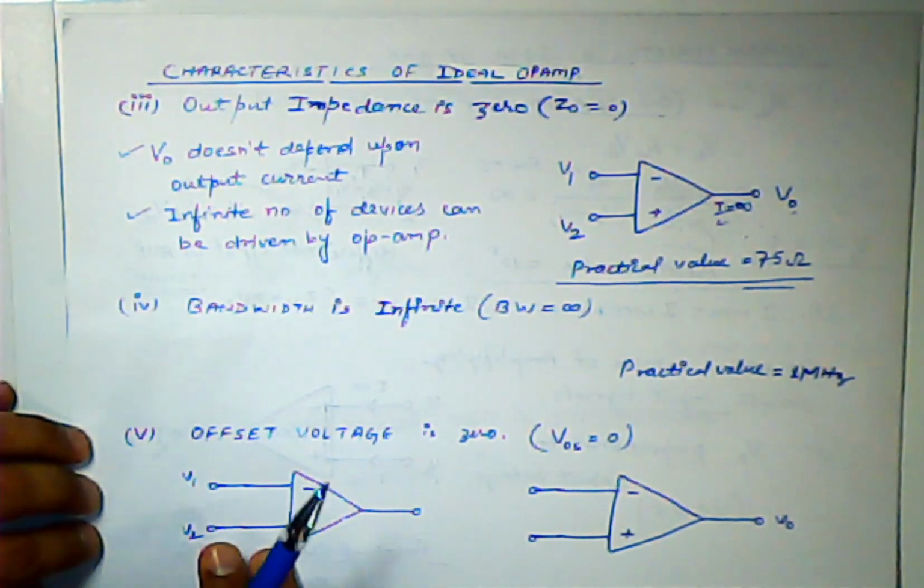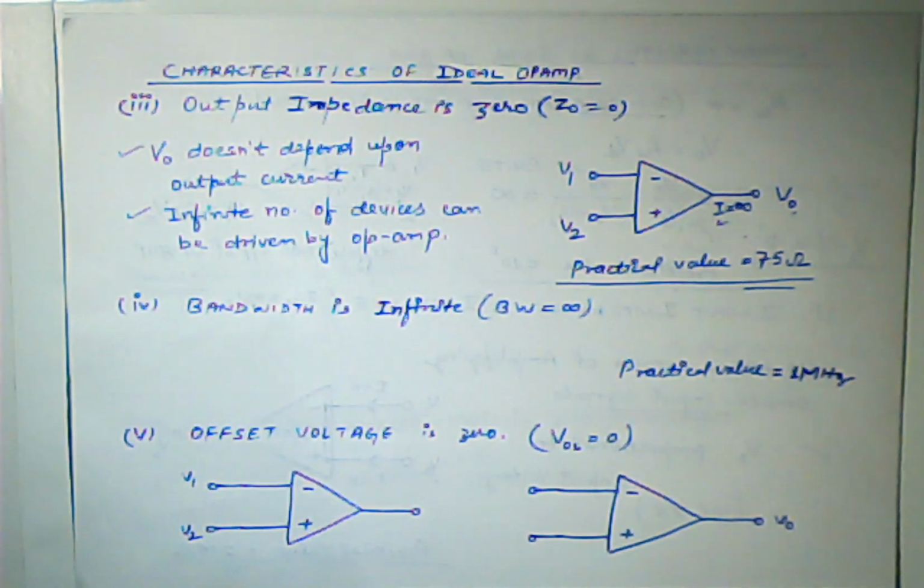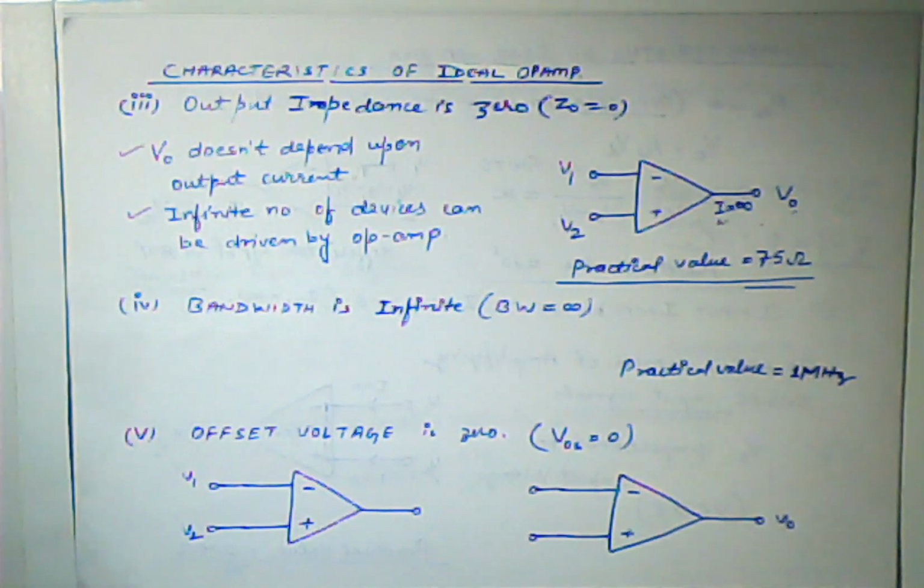Next thing is bandwidth. Bandwidth of an op-amp is infinite. What does this mean? Bandwidth is the range of frequencies to which the op-amp can react.